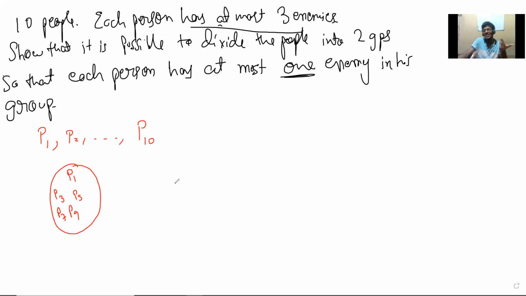Otherwise you can say that nobody has enemies initially, because it's at most 3. I see you're trying to construct a case in which everybody has 3 enemies, but you have to show that in any situation it can be done.